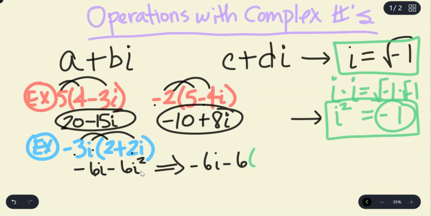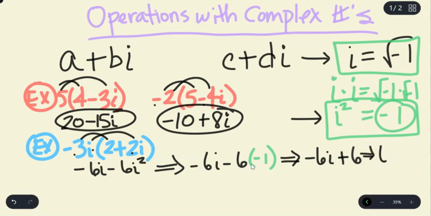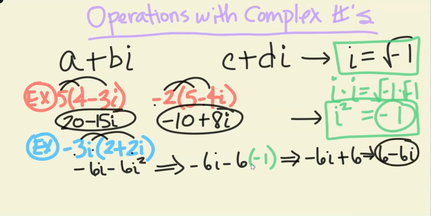So I'm going to throw a -1 in there. Now, as I go through and solve this, I've got -6i, and I have a -6 times a -1, so that's +6. And then I want to write this properly with a plus bi. So I'm just going to write this 6 minus 6i. Again, I'm just using the distributive property.